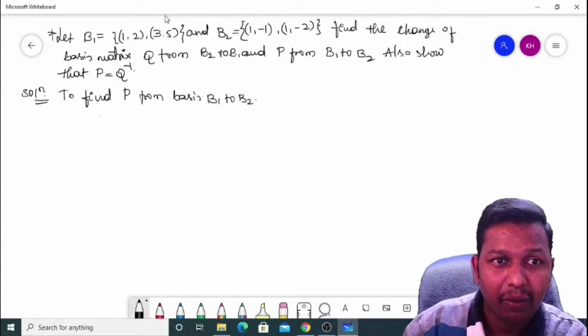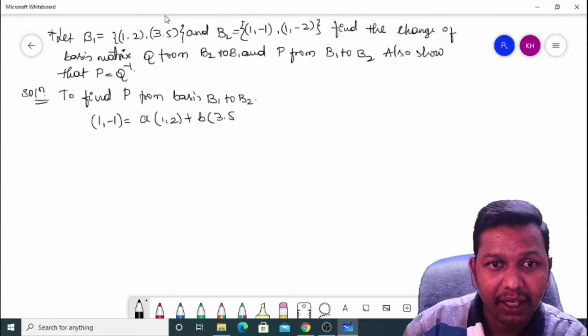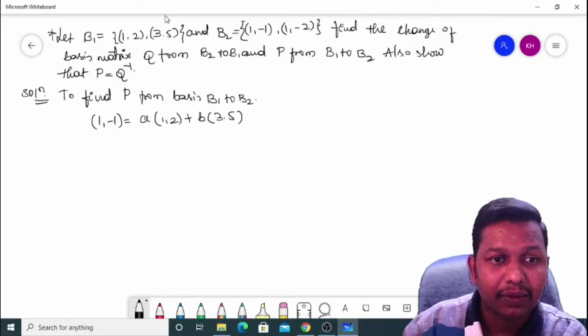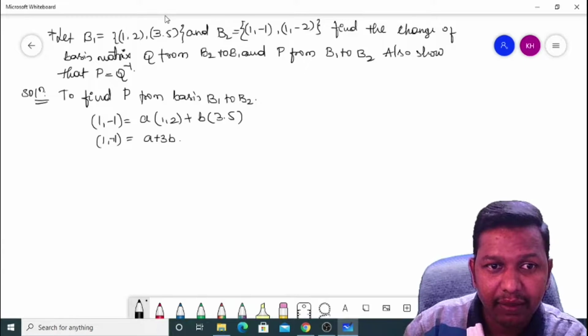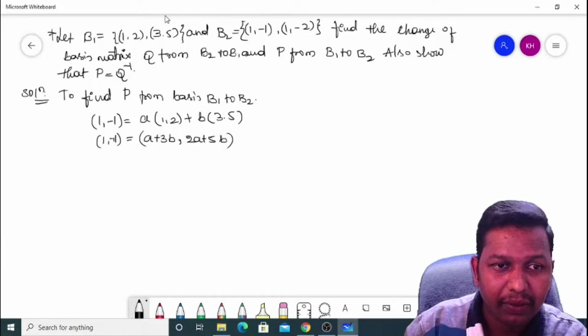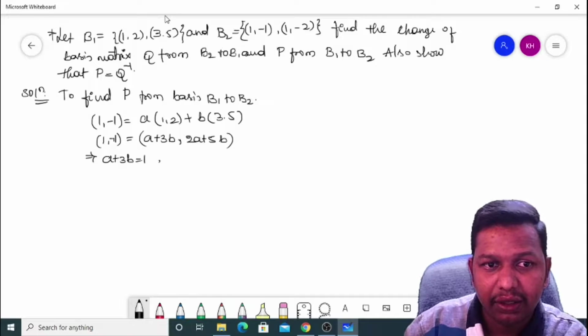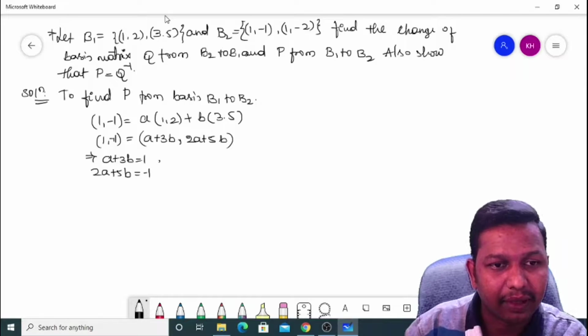To find P, we need to express the elements of B2 as a linear combination of B1. That is (1, -1) is equal to A into (1, 2) plus B into (3, 5), which is equal to (A plus 3B, 2A plus 5B), which implies that A plus 3B is equal to 1 and 2A plus 5B is equal to -1.